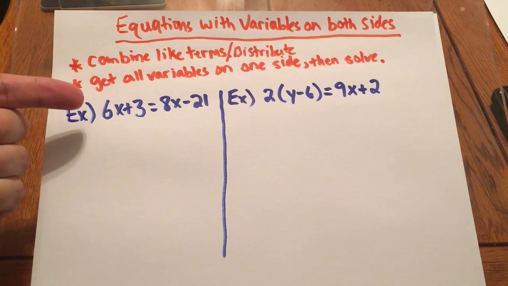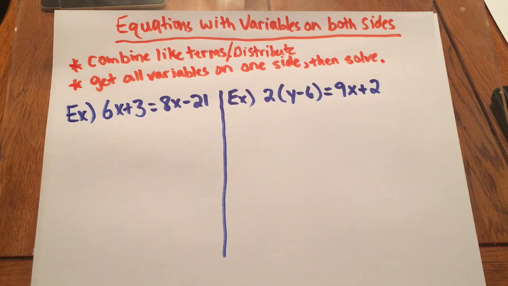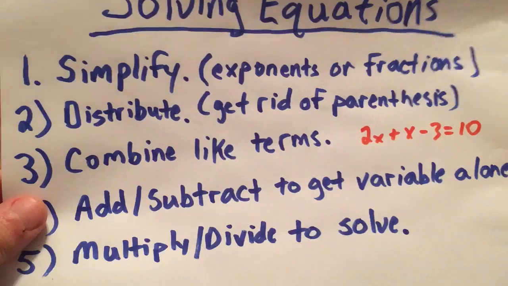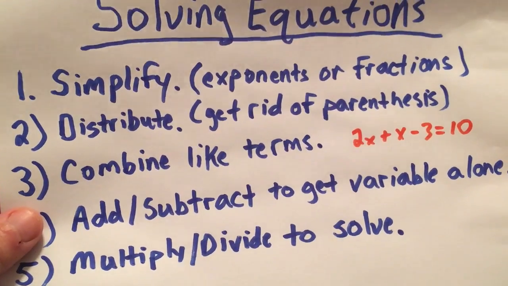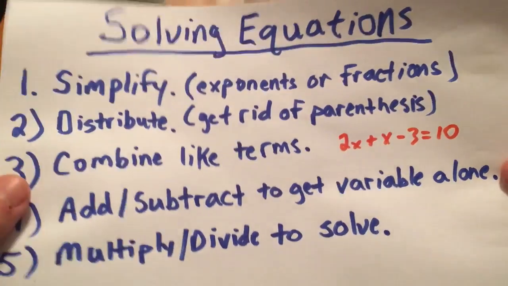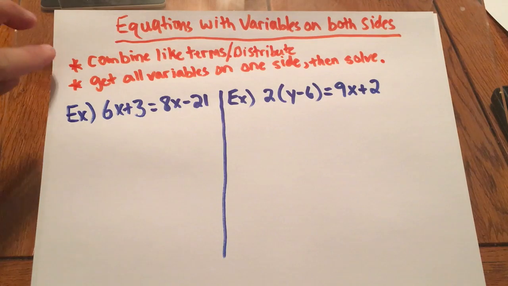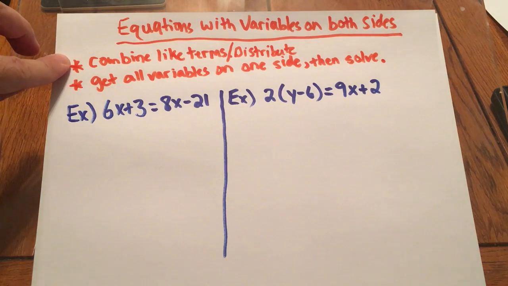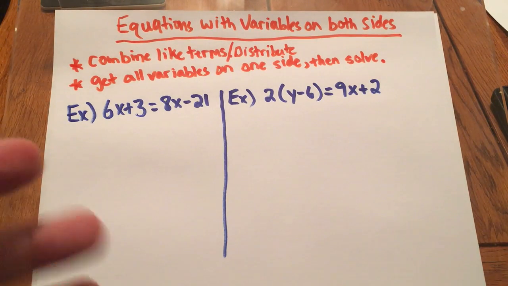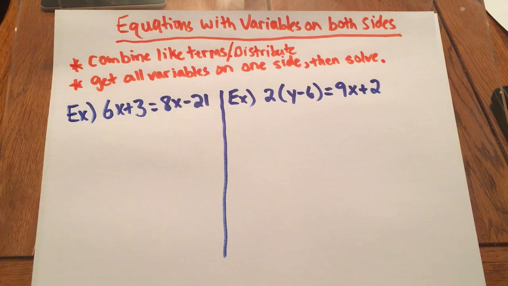So, say, before you do anything, and remember in previous videos I had this handy dandy little recipe. I'm suggesting that when you have variables on both sides, before you do this, you have to do these two things first. All right. So before you get back to our regularly scheduled recipe of equations, what we want to do is first of all to distribute any parentheses or to combine any like terms on either side first.